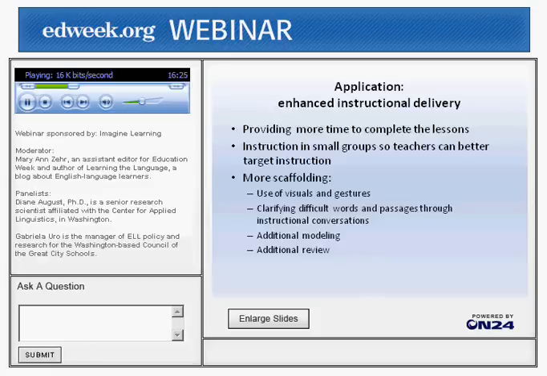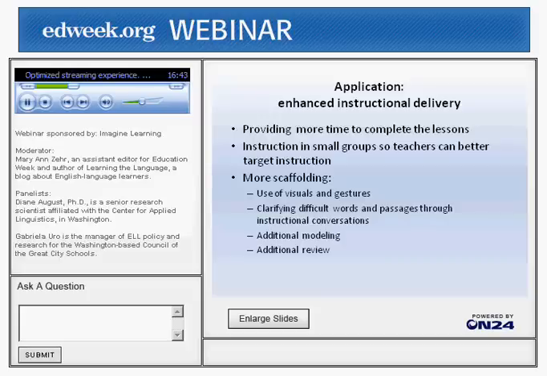Instruction in small groups so teachers can better target instruction. If you look at those phonics and phonology studies, 7 of those studies actually worked with the children in small groups so that they could really target instruction on the specific levels of the children, and a lot more scaffolding.